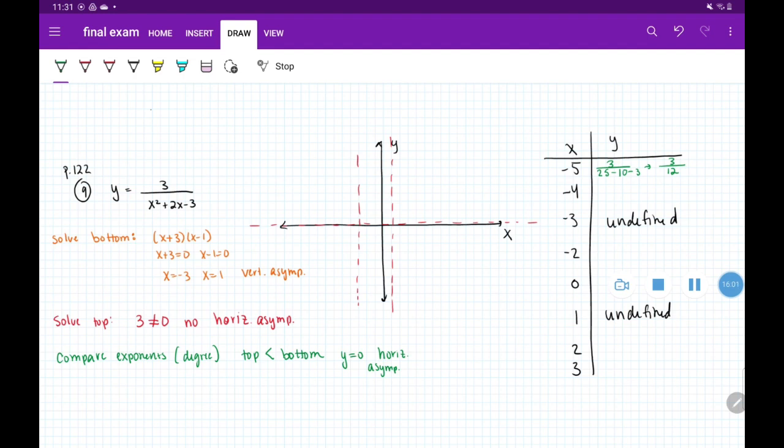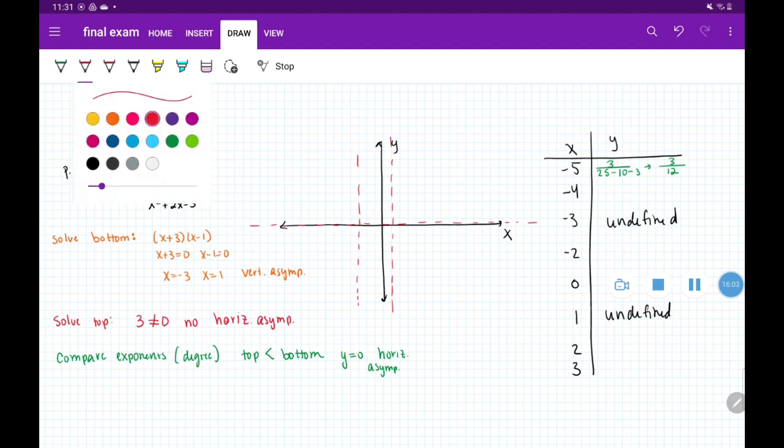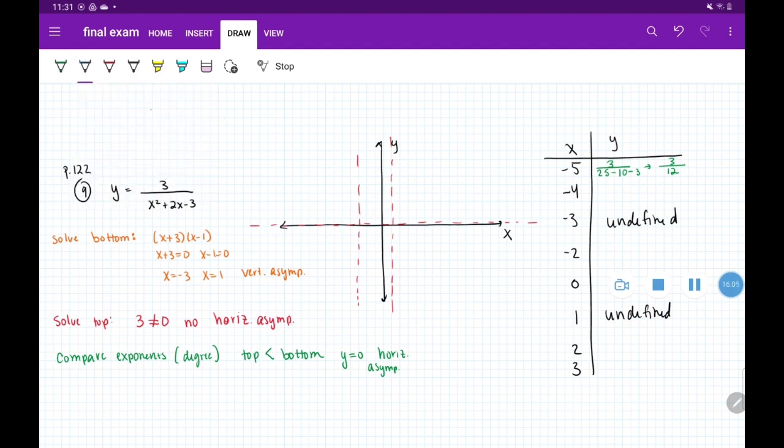A positive number. And then it would be 3 over 16 minus 8 minus 3. So that's 3/5, a little bit bigger number. 3 over 4 minus 4 minus 3. Ooh, -1, negative number.